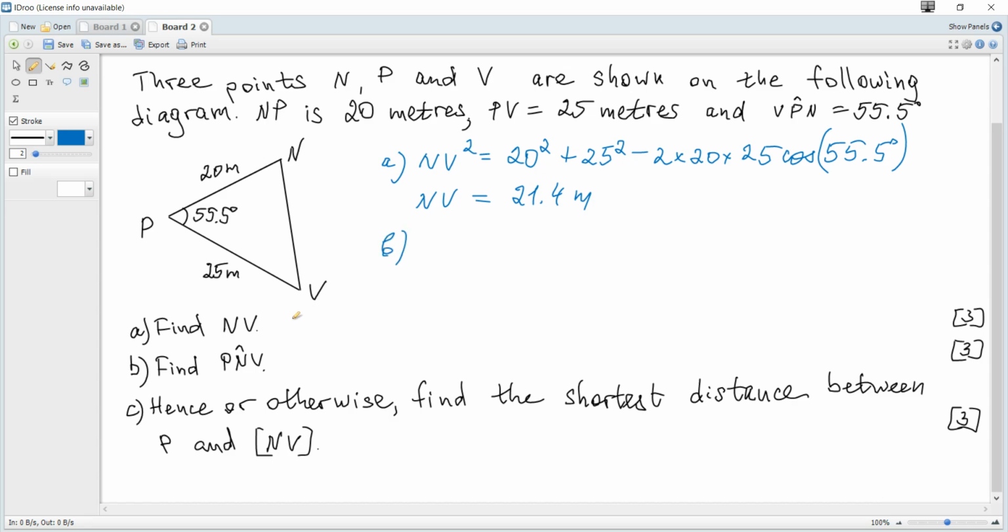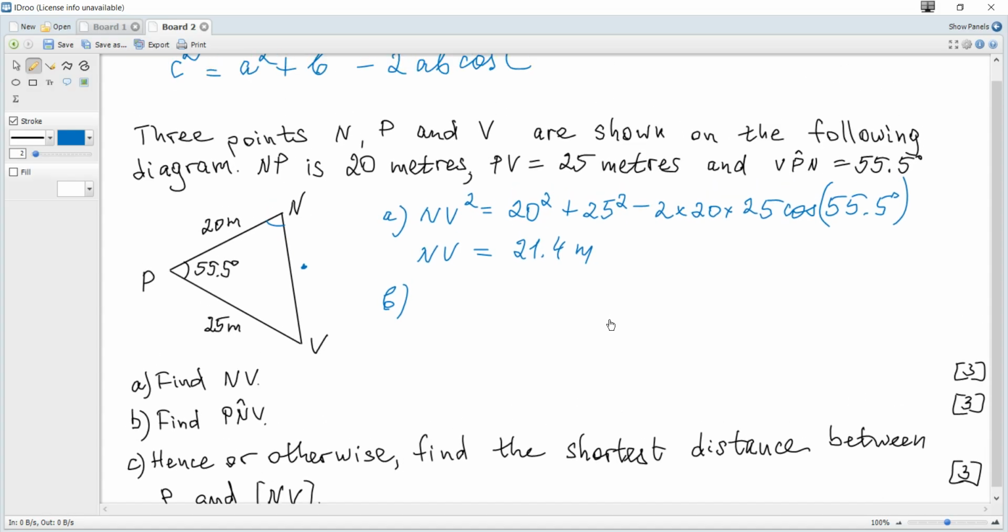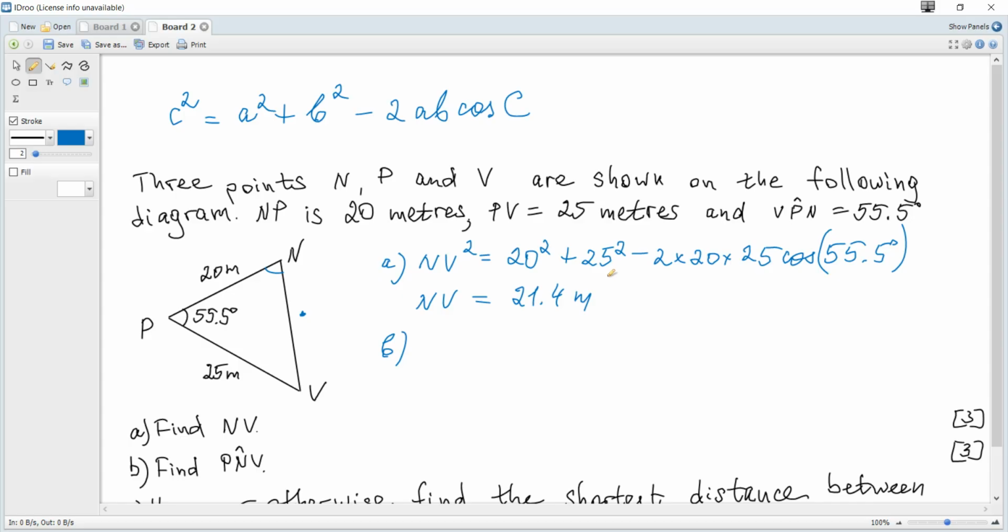Question B, find the angle PNV. This is required. Since NV is found, you can see that 1, 2, 3 sides and an angle are involved, and we can use a cosine rule again for the angle. Just solve for this.